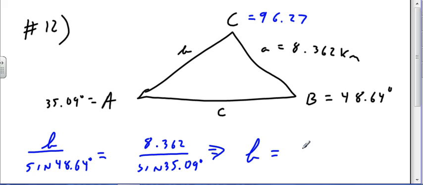Anyway, my answer says 8.325 kilometers. That seems wrong, because B's got to be bigger than A, because B is the bigger angle. Okay, so what did I do wrong? So we'll clear out the calculator.